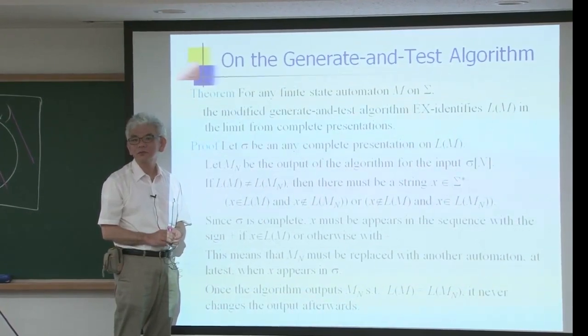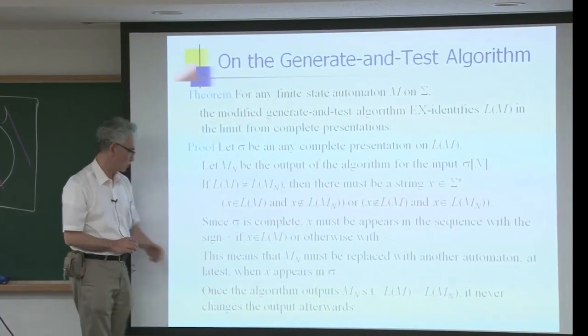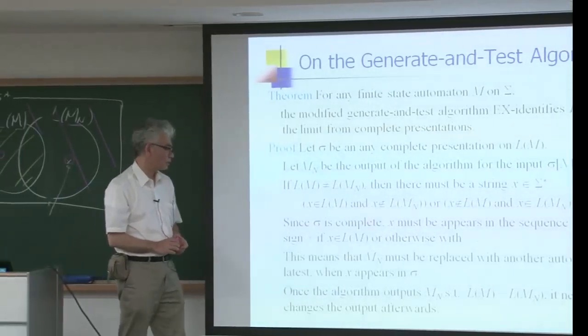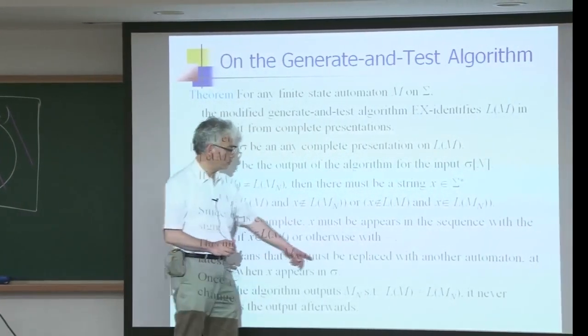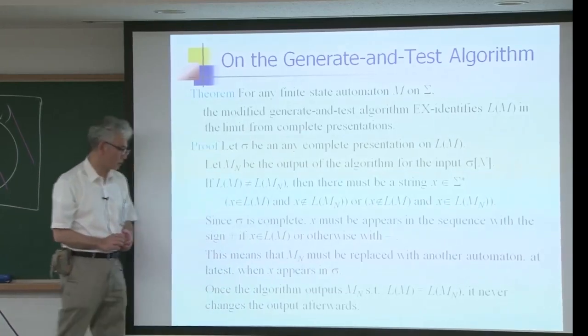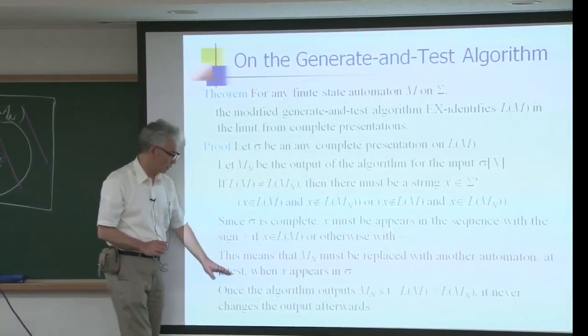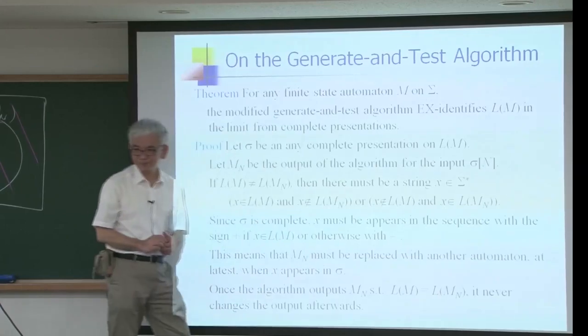So, this means that L of N must be replaced with another automaton at the latest when X appears on sigma.